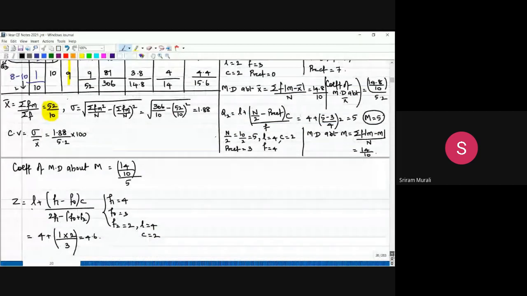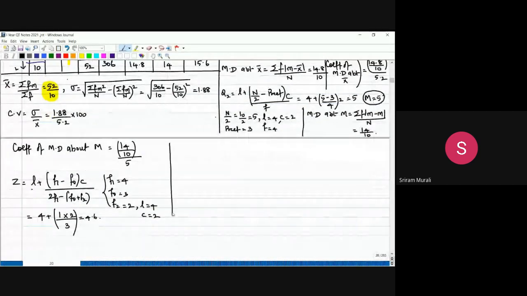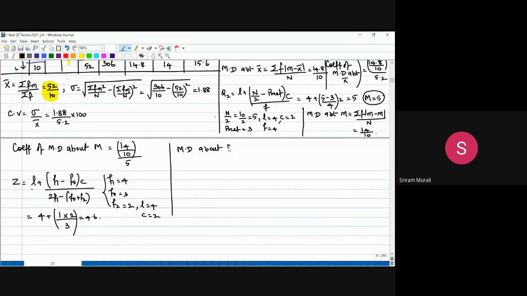So MD about mode, I mean Z, is equal to sigma f into m minus Z divided by N, which is equal to 15.6 divided by 10.